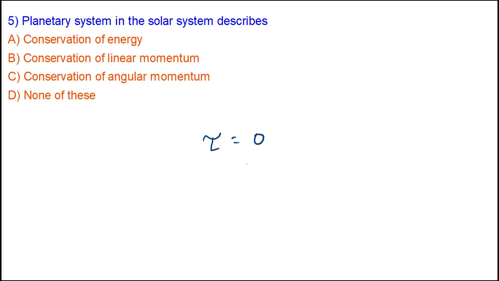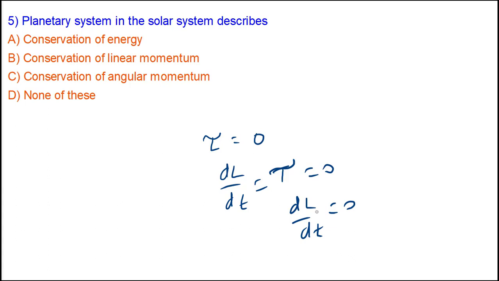So dL upon dt gives the torque, but torque is 0. So dL upon dt is 0, where L is the angular momentum. When this is 0, it means L is constant. So this is because of the conservation of angular momentum.